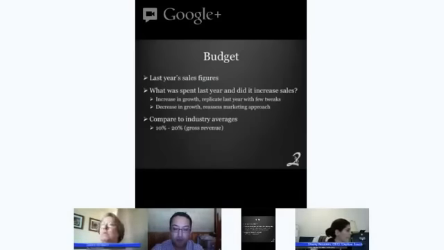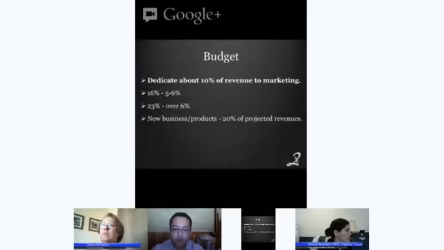But to bring that back to reality, I would say that a 10% allocation is good, but to give you some insight, about 16% of the overall businesses are at 5 to 6% of their gross revenues, and 23% out there are over that 6% range.